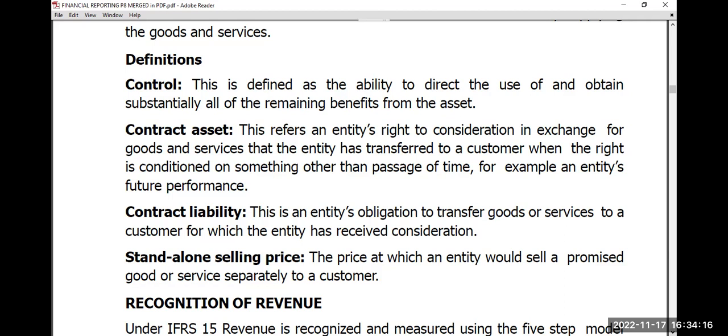What will happen is that you have actually received that money, but you have not yet worked for that money. It means it is going to be a liability. It becomes a liability to you because it creates an obligation that you are supposed to deliver for the money you actually received.